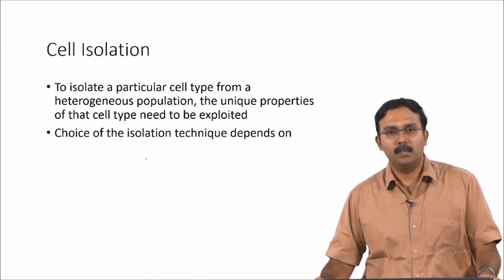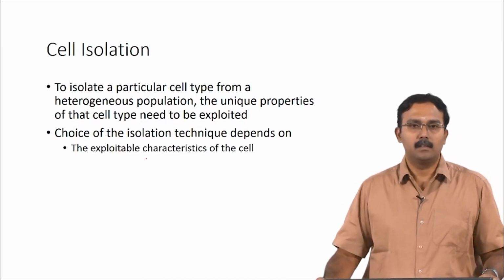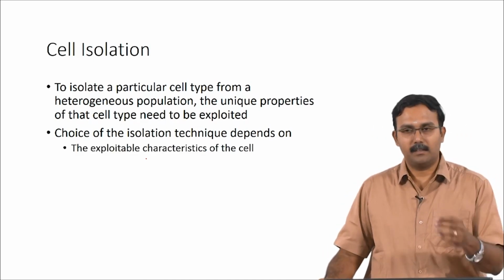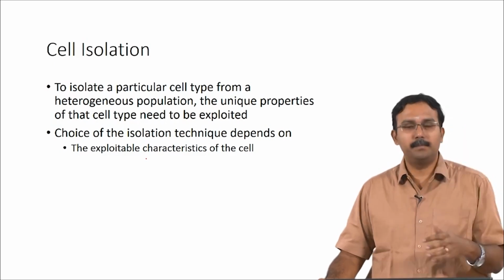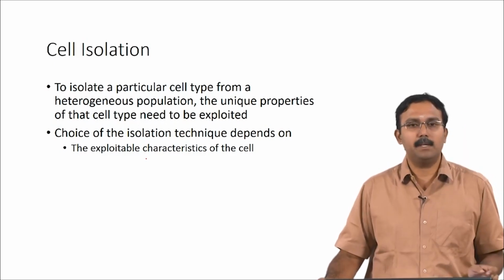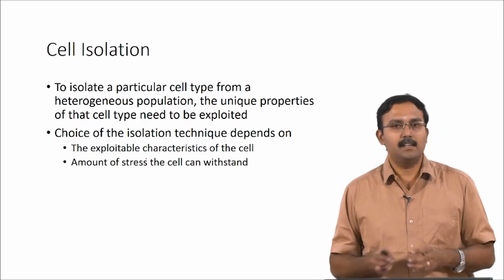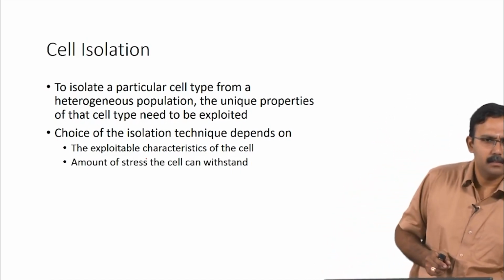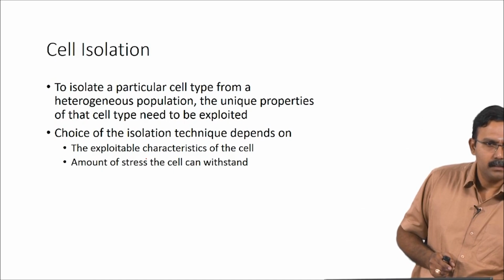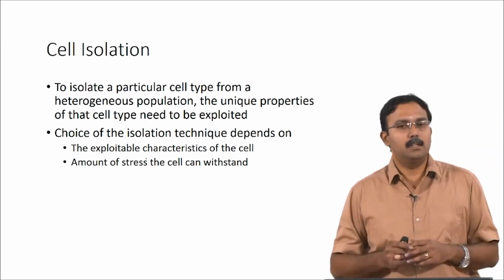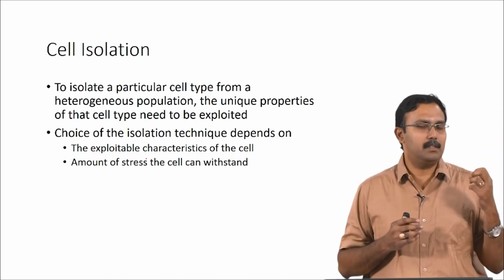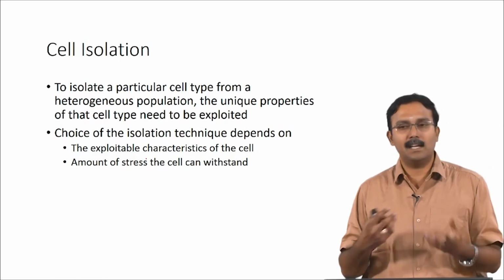Okay, so pH resistance. Okay, pH can destroy cells. So, pH resistance is one specific aspect, but in general what I would say is it depends on the amount of stress which a cell can withstand, right.